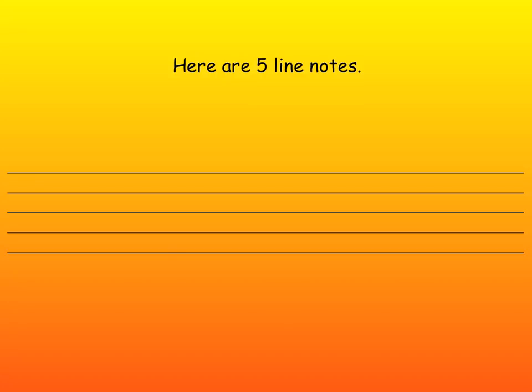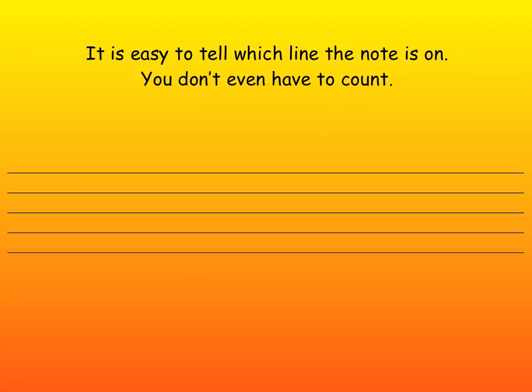Here are 5 line notes. This note is on the top line. This note is on the bottom line. Here's one on the middle line, on the next to the top line, on the next to the bottom line. It's easy to tell which line the note is on. You don't even have to count.